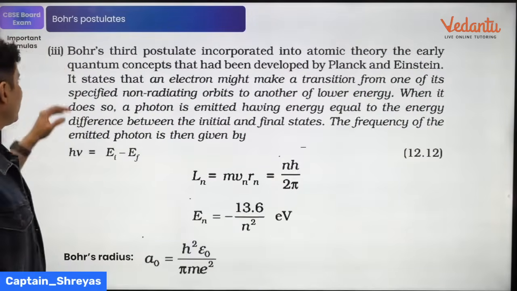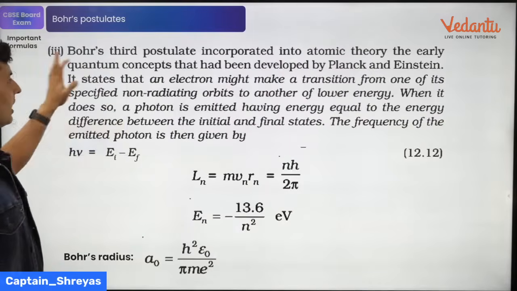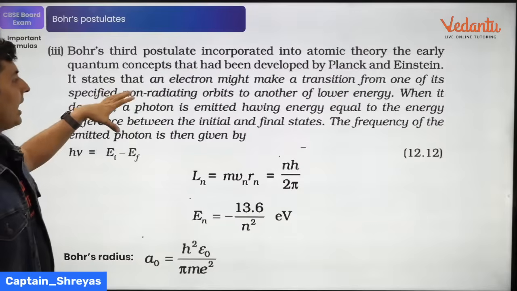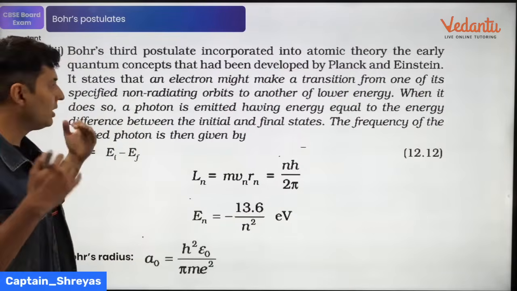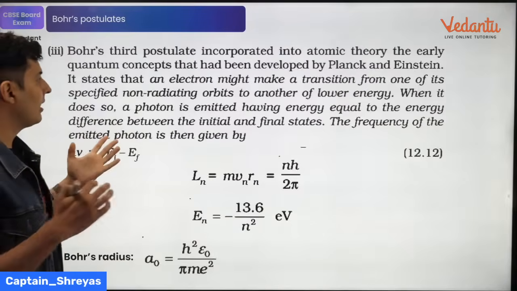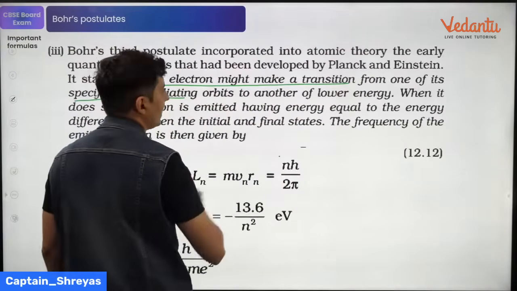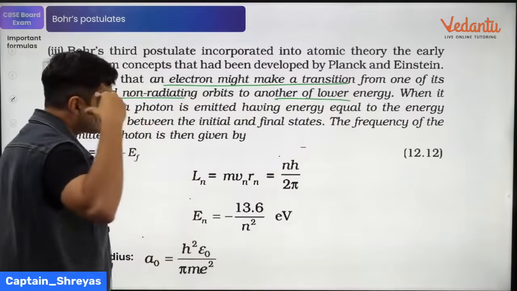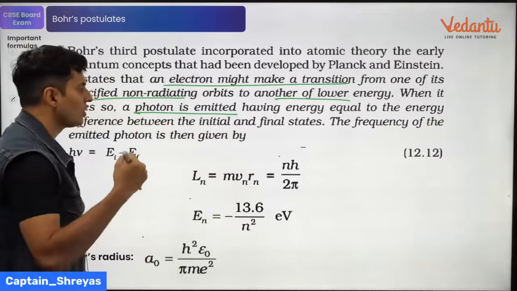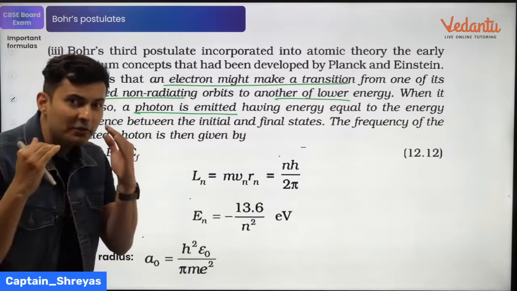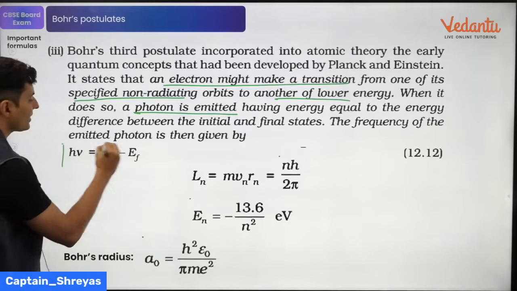Next important postulate is that in Bohr's model, we assume that the electron might go from one shell to another shell, or from a higher shell to a lower shell. The electron might make a transition from one state to the other state, and when such a thing happens, it basically emits or absorbs a photon.